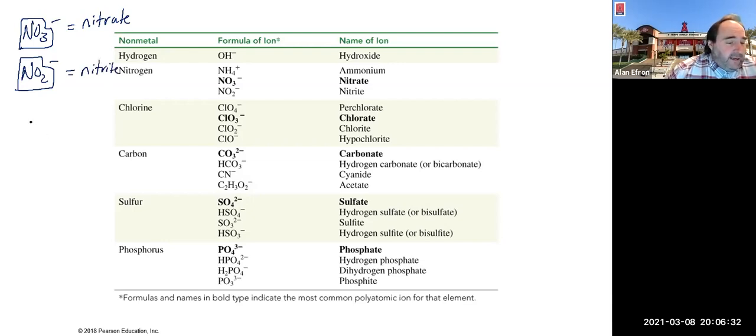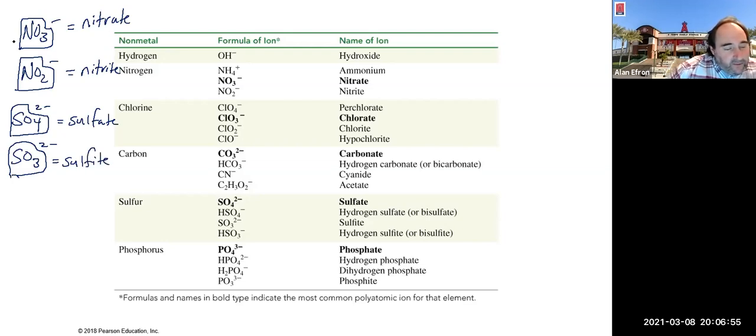If you look at SO4 2 minus, 1 sulfur and 4 oxygens with a -2 charge, that is known as sulfate. SO3 2 minus, 1 sulfur, 3 oxygens with a -2 charge, that is known as sulfite.